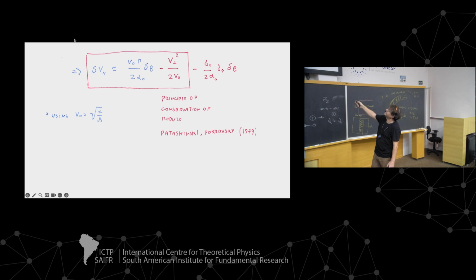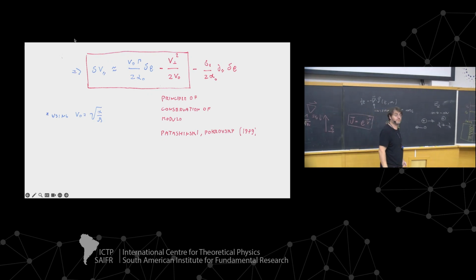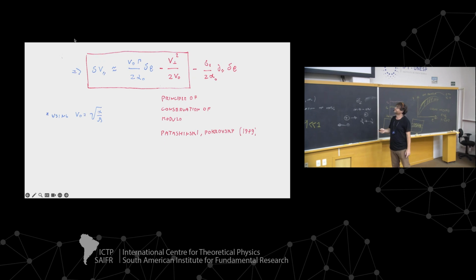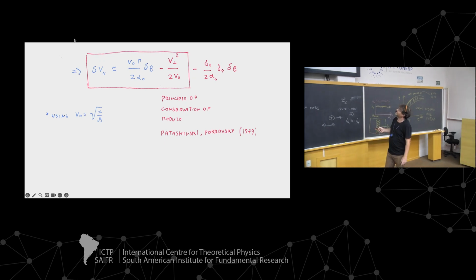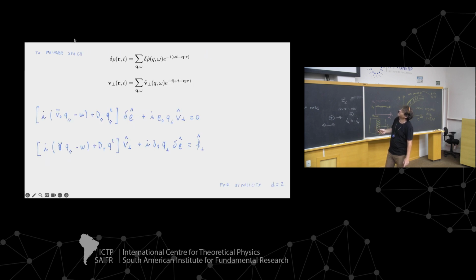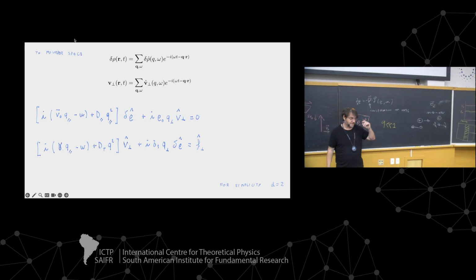Here we are still in real space. I wrote it in real space, so I still have the derivatives. This is the generalization of Reynolds' results from the 70s in equilibrium. So you do it, you put it back in the linear equations, and finally you Fourier transform in space and time.